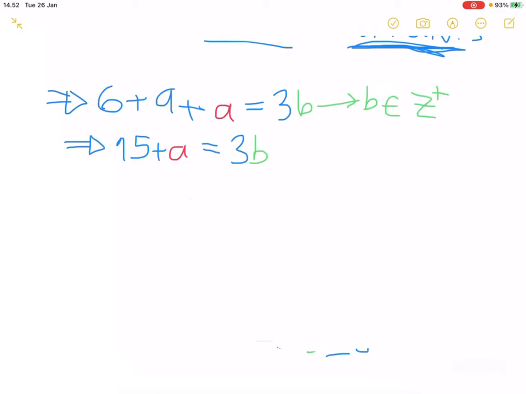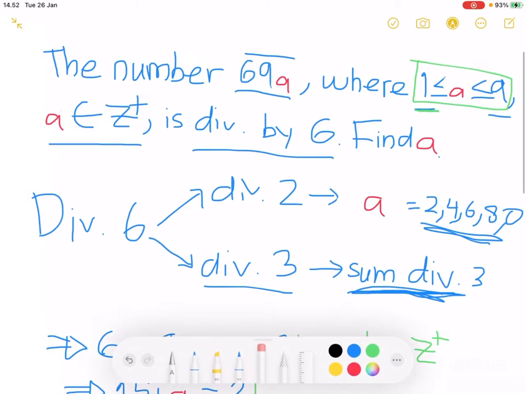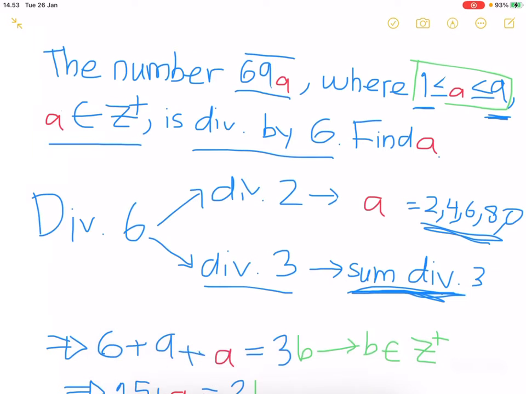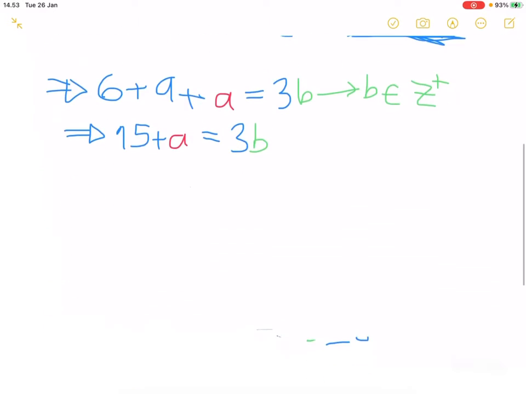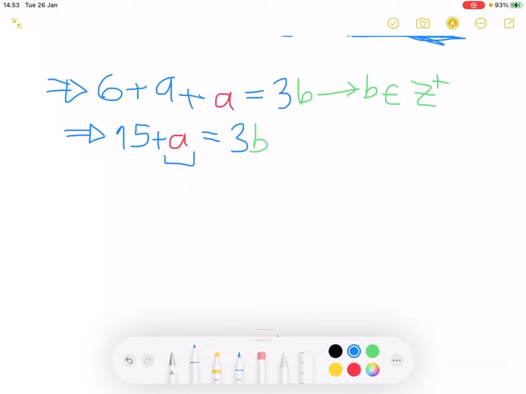However, if we look at our question right here, we're also given the interval of a. This is between 1 and 9. So let's just use the maximum value of a, which is 9. By substituting 9 right here, since this is a maximum value, we must switch this into an inequality like so.